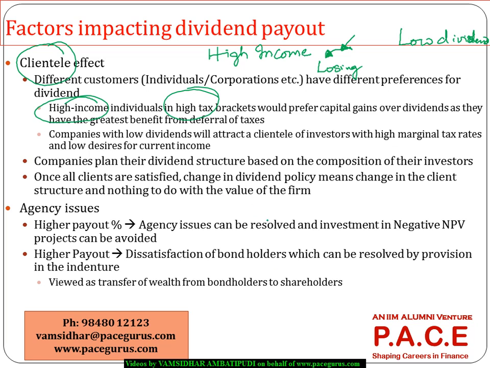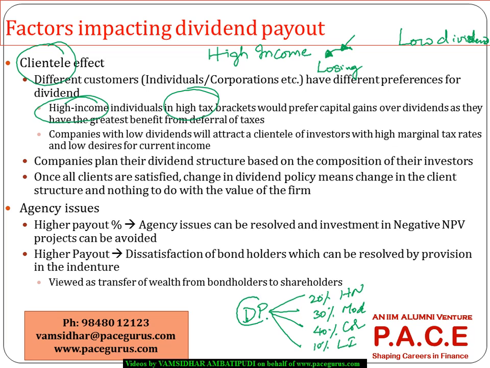So let's say right now the company has one dividend policy, and this dividend policy attracted 20% high net worth, 30% moderate income individuals, 40% corporate, and 10% low income individuals.